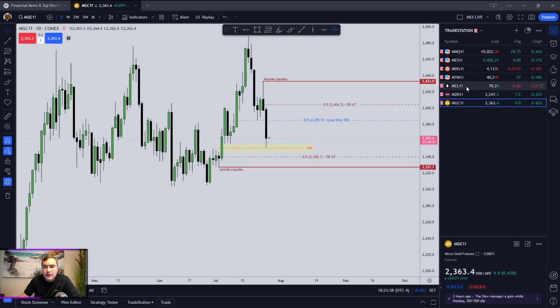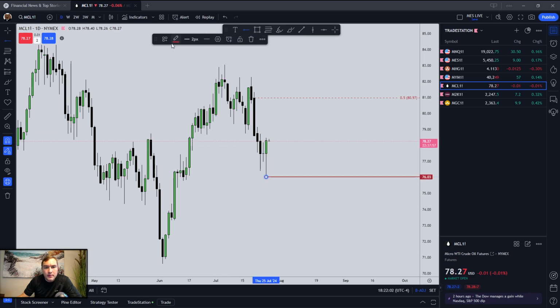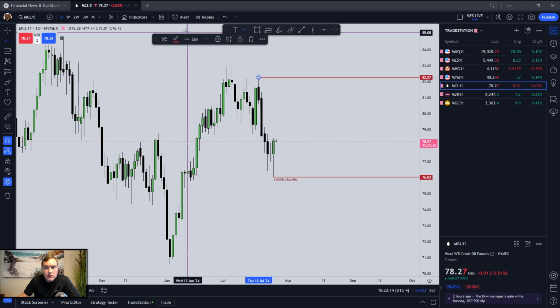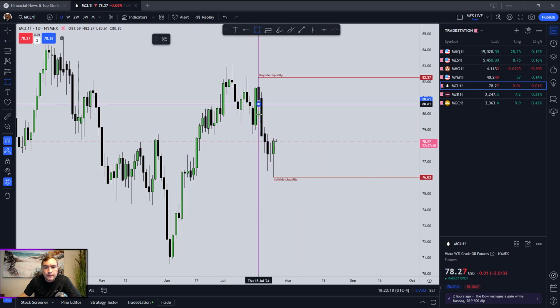Okay, guys, finally, let's look at crude oil. It's going to take me a moment here to draw out the crude oil chart. Whenever we're starting with an ICT chart, we start with the buy side and sell side liquidity, and then we work our way from there.